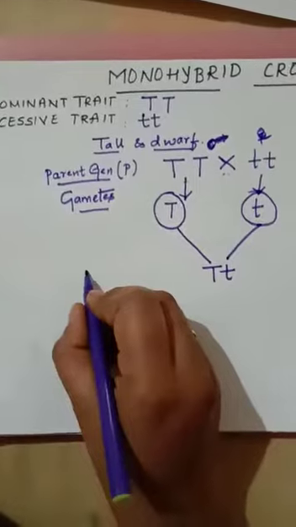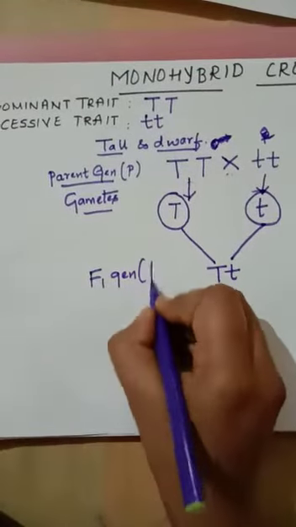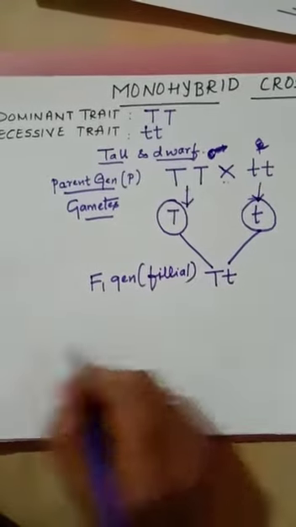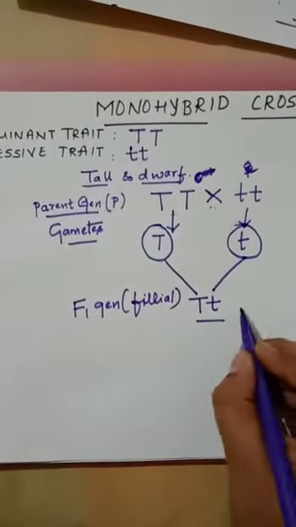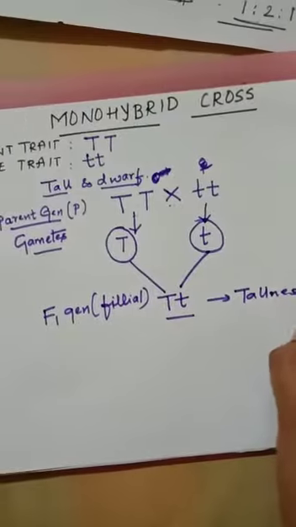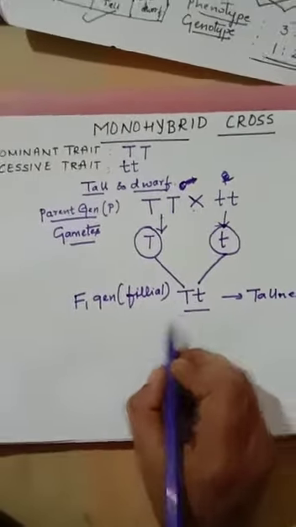This we call the F1 generation, or filial generation. So what is the character that we can see in the progeny? That is tallness. Why? Because capital T is always expressive, that is dominant.